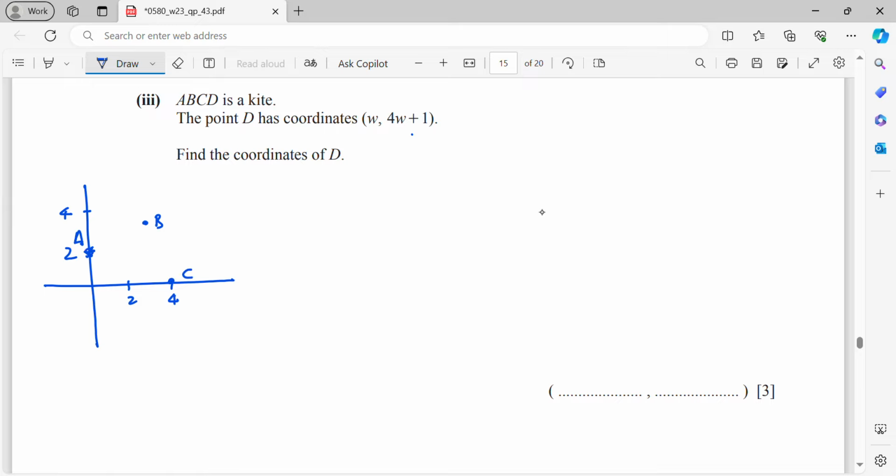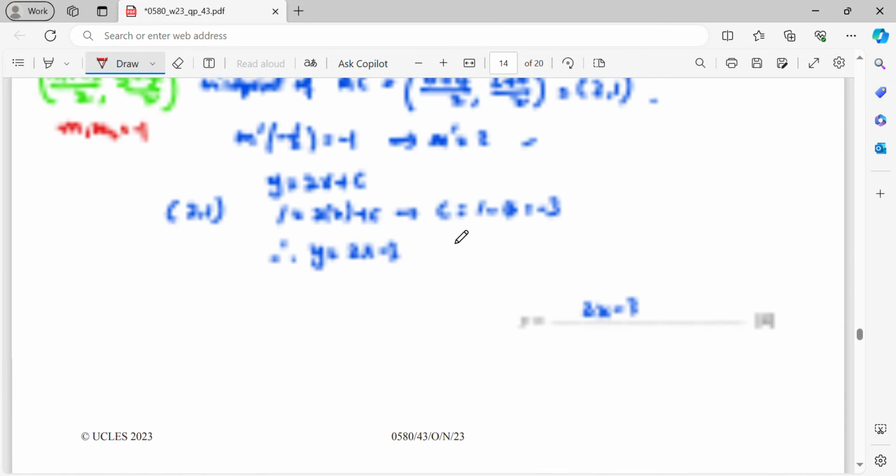So when I join, and then my D has this coordinates. It is a kite, so most likely my D will be somewhere here. Just to get a rough idea, let's say this is D. From here, I know that I have found y equals 2x minus 3.